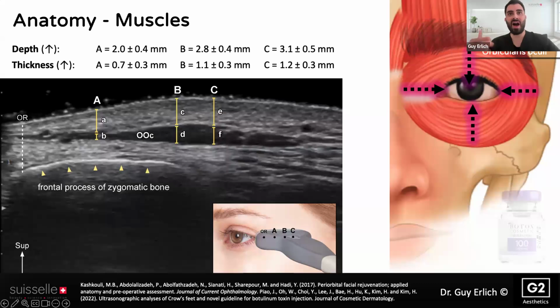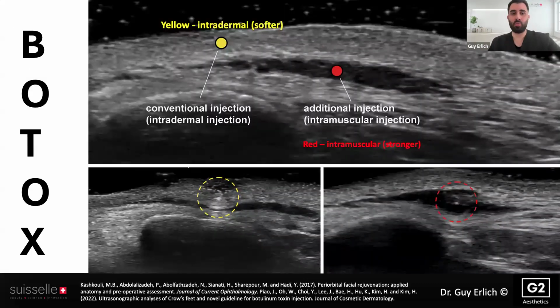When you're going far or lateral from the canthus of the eye, you are getting a bigger or thicker muscle that is located deeper. So when you want to target small wrinkles and rhytids that are close to the canthus, you inject intradermally. And when you want to target the bulk muscle, you need to inject laterally and deep if you really want to be located well.